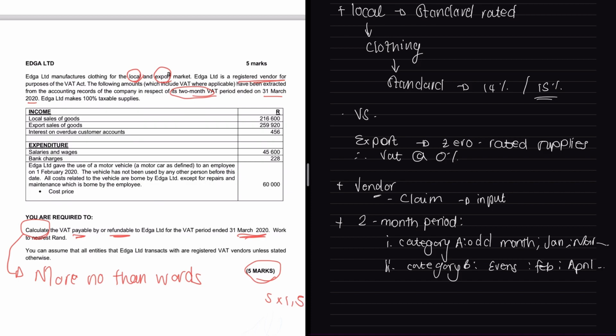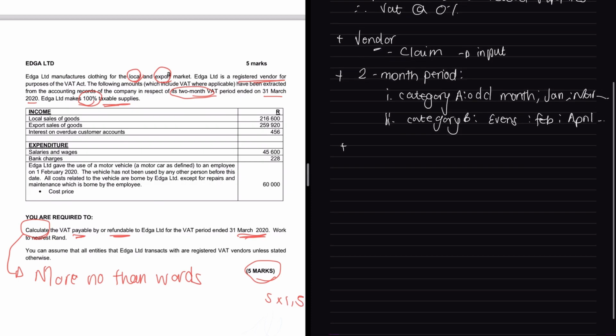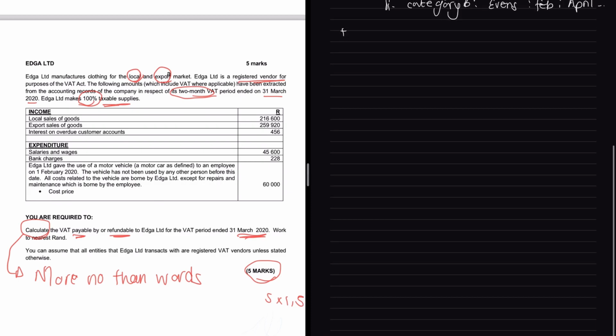And another important thing we are told is that Edgar makes 100% taxable supplies. Why is that important? If he makes 100% taxable supplies, it tells us our percentage of taxable supplies, which tells us the percentage of input VAT that we can claim.